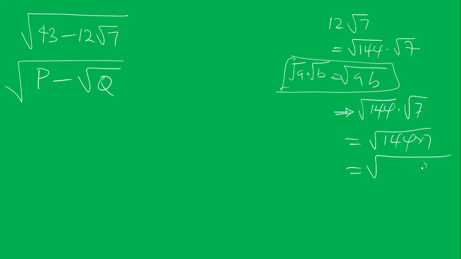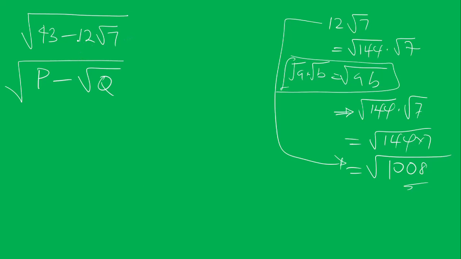144 times 7 gives 1008. So this expression is the same thing as this.